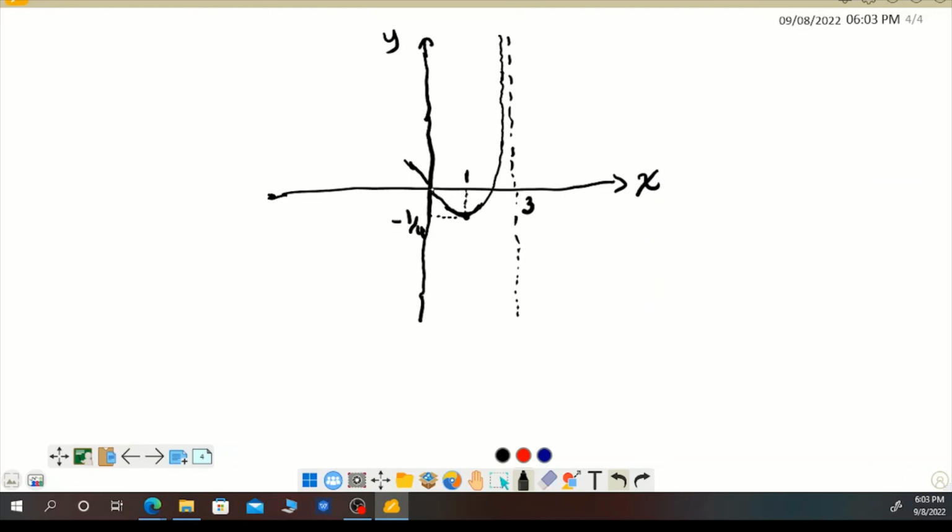Then the left-hand side of the graph: there is no asymptote, so it is drawn continuously. But we check the limit of the graph when x is going to negative infinity. When x is going to negative infinity, the graph is going to plus 2.